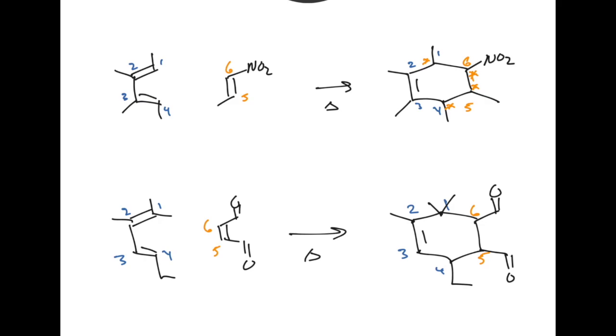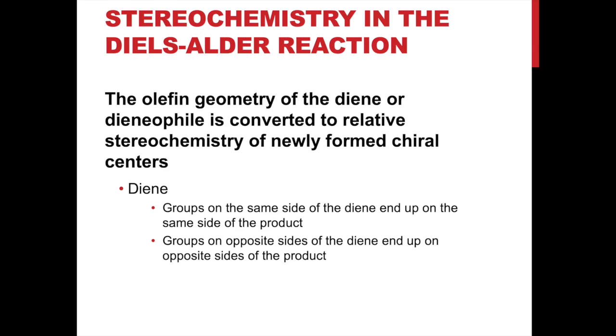So it would be nice if we could predict the stereochemistry we were going to get in our reaction, so we knew what we're going to end up with. So we're going to switch into stereochemistry of Diels Alder reactions.